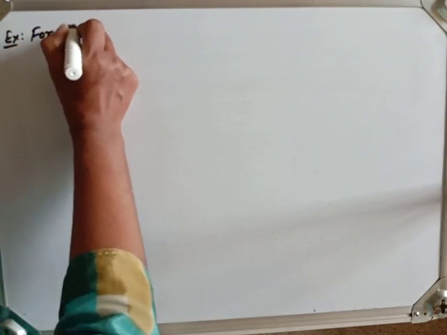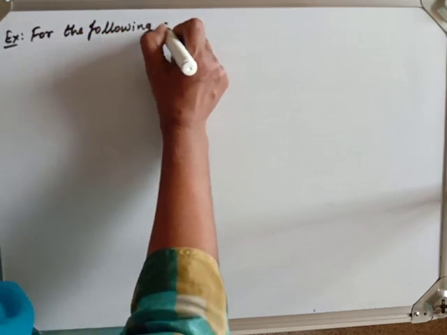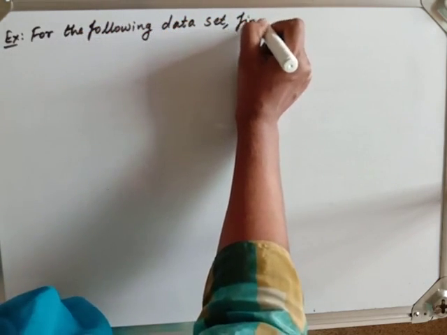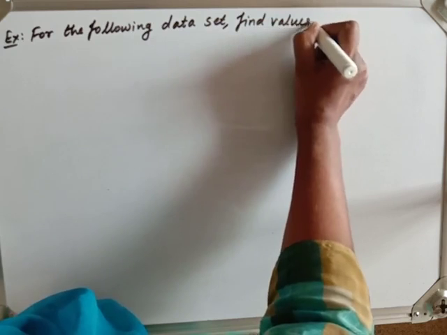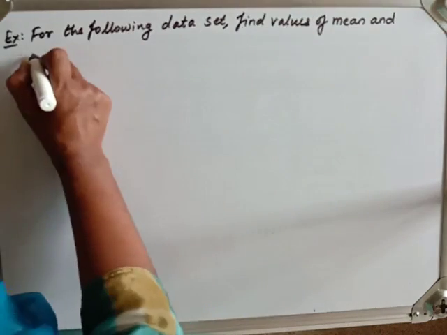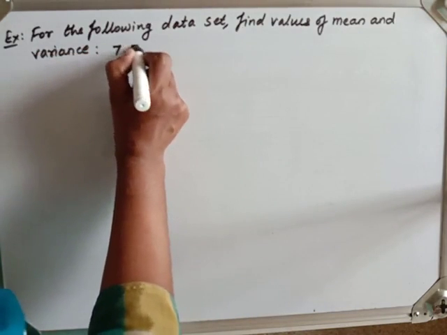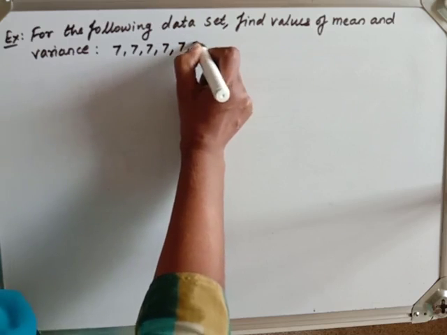Next example is that for the following data set, find values of mean and variance: 7, 7, 7, 7, 7, 7 and 7.